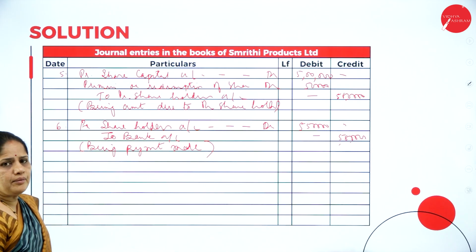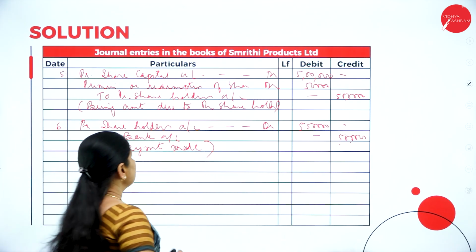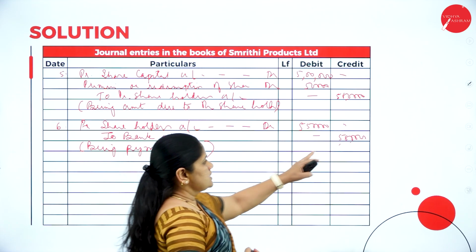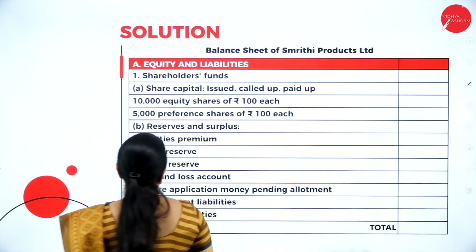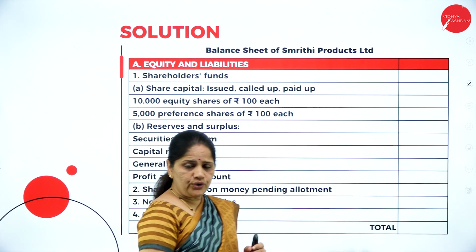So these are the payments which they have to make to the preference shareholders. See, this is 5,50,000. So these are the journal entries which we have to make.